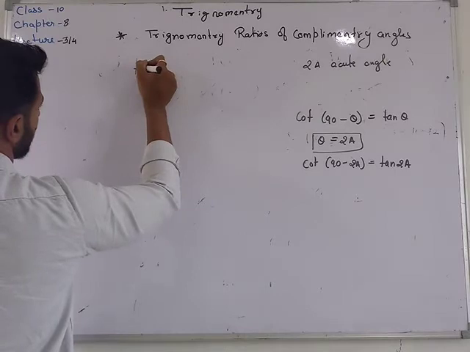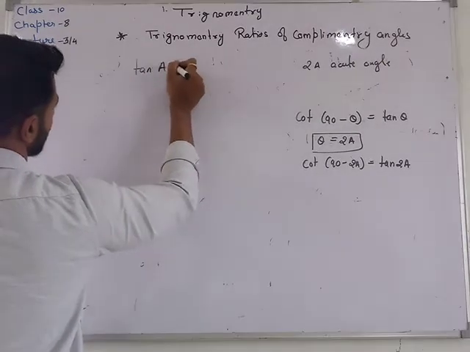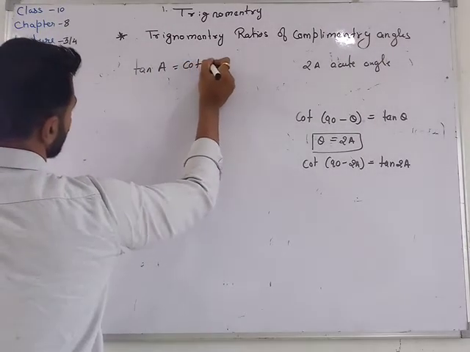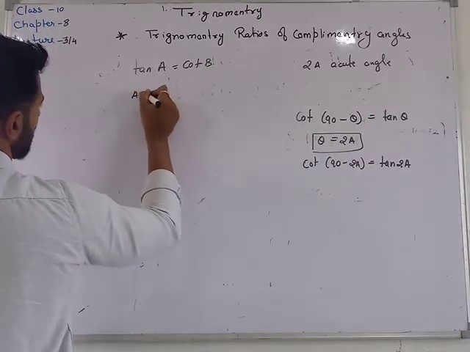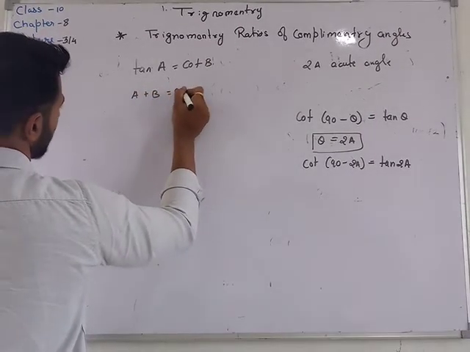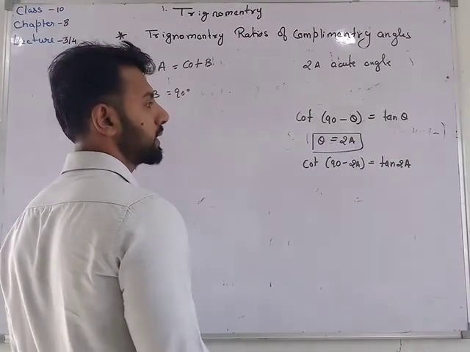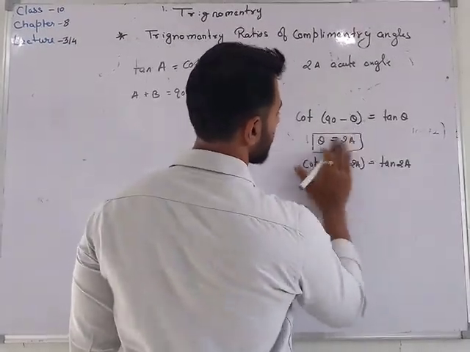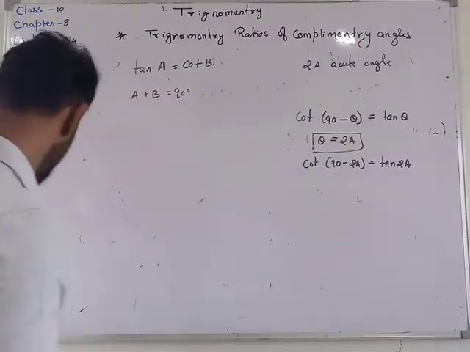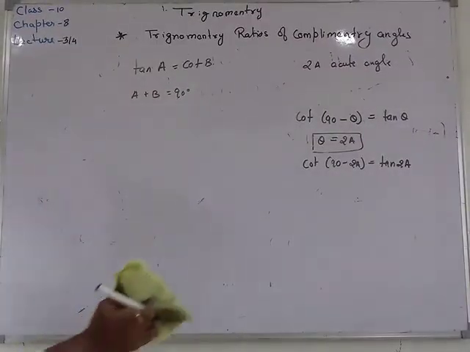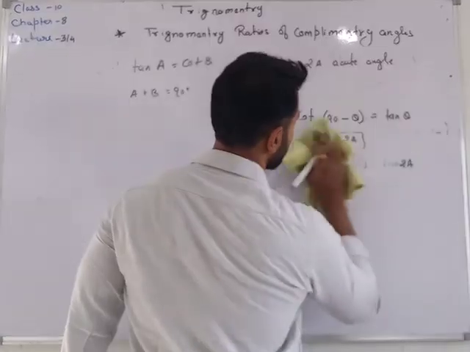Given that tan A is equal to cot B, we have to prove that A plus B is equal to 90 degrees. Using the same formula, cot 90 minus theta is equal to tan theta.